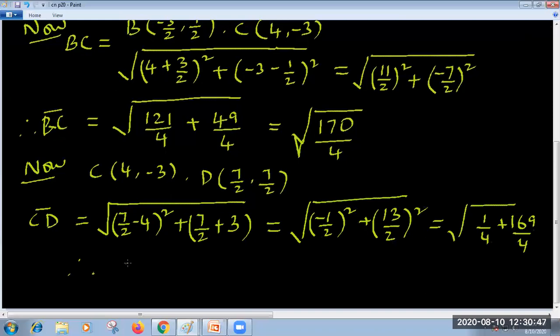Therefore, CD is equal to the square root of 170 by 4.